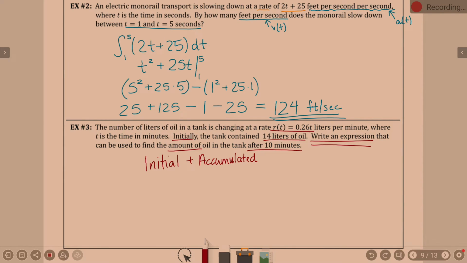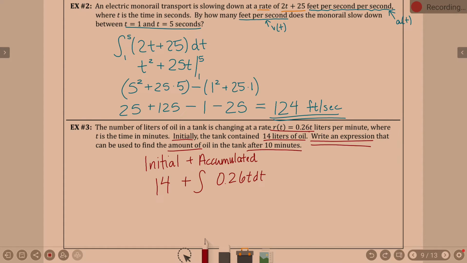Always watch for that initial. So initially this tank had 14 liters of oil in it, plus we have a rate. So we can't just plug in at the end. We're accumulating over this rate, which is 0.26 T dt.